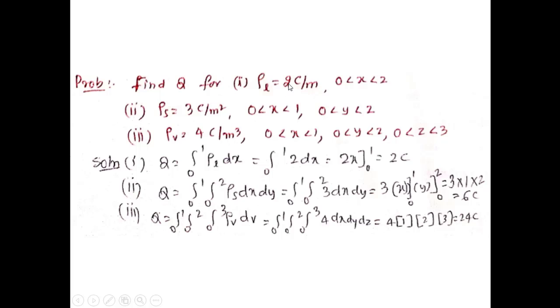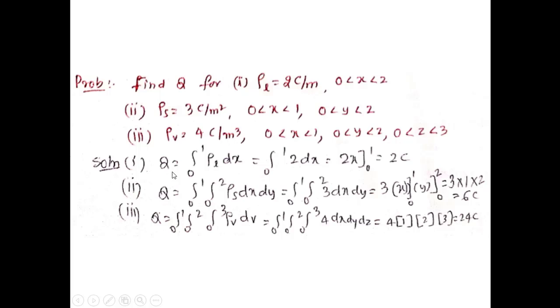Let rho l be given as 2 coulomb per meter on a line extending from 0 to 2 meter, and second one is surface charge density given by 3 coulomb per meter square, and the surface area is placed from x is equal to 0 to 1 and y is equal to 0 to 2, and volume charge density rho v is equal to 4 coulomb per meter cube, and it is having a volume xyz, that is x is 0 to 1, y is equal to 0 to 2, z is equal to 0 to 3.